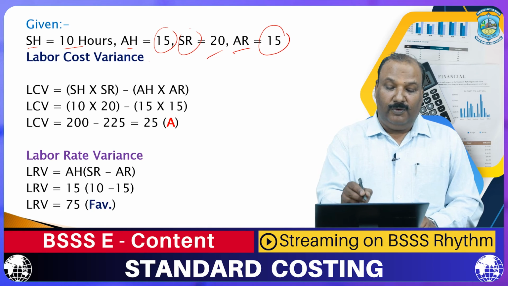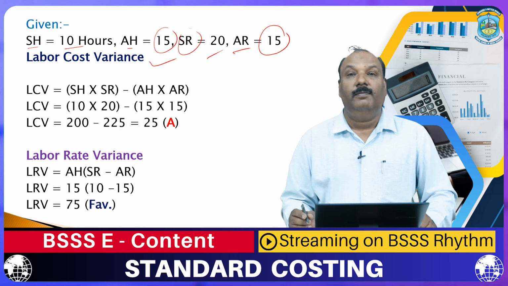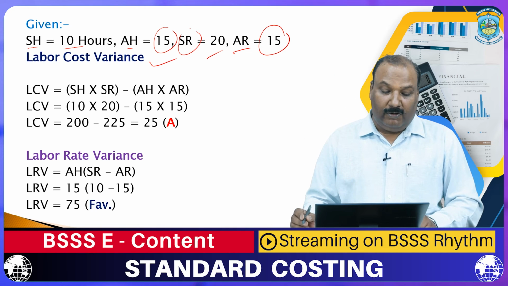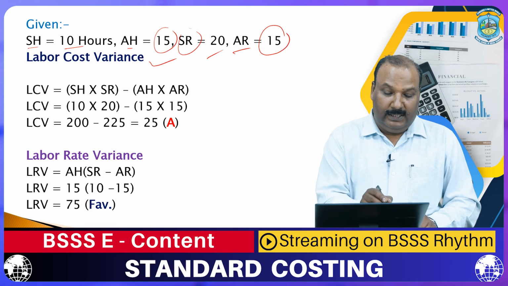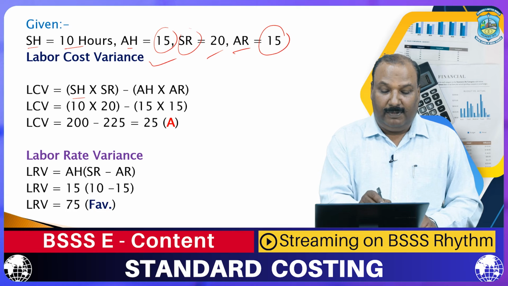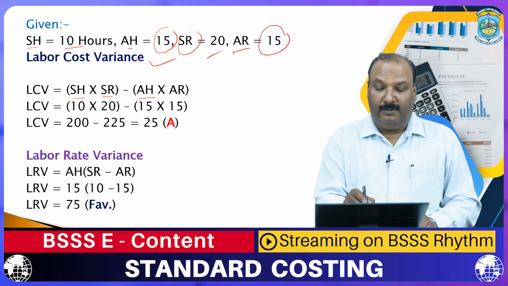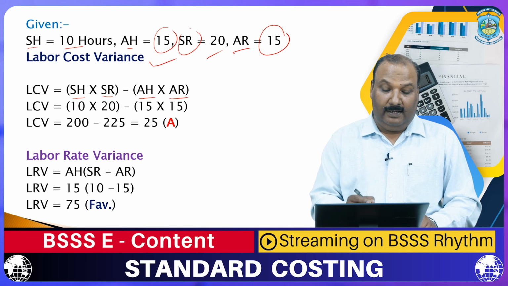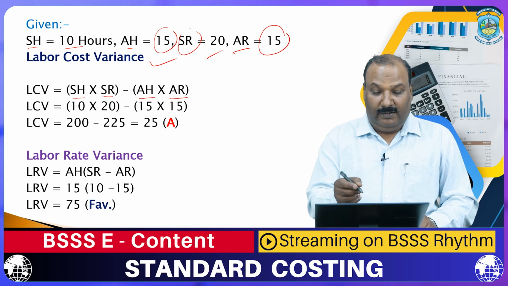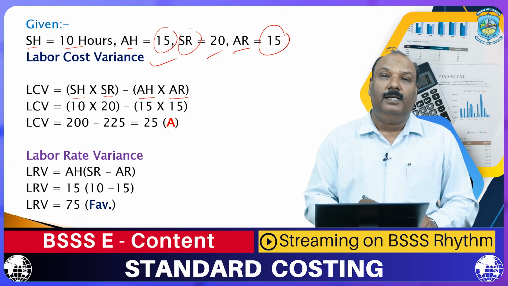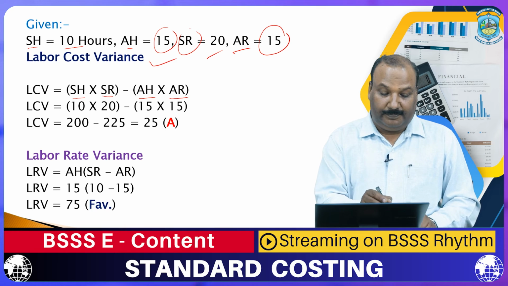So, here is the formula for the calculation of labor cost variance. Labor cost variance equals standard hours multiplied by standard rate minus actual hours multiplied by actual rate. We will put the values in this formula.